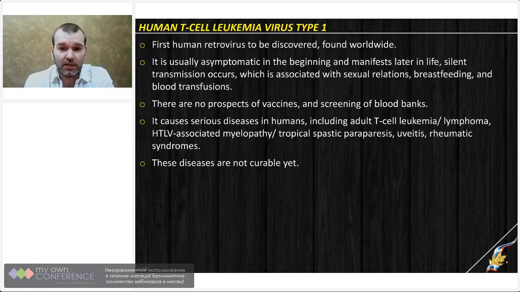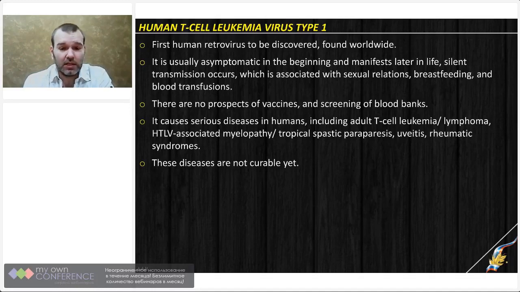And again, the first episode of infection usually appears asymptomatic, and a lot of people carry that virus without any clinical manifestations. But later during life, that virus will transform our cells to malignant cells, and some cancer disorders will appear.